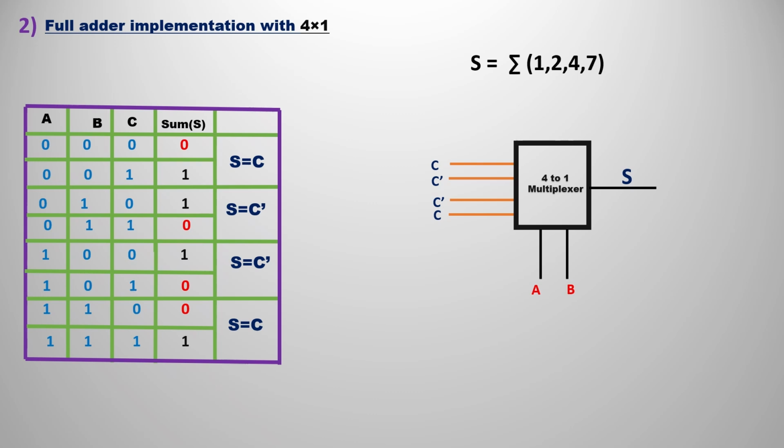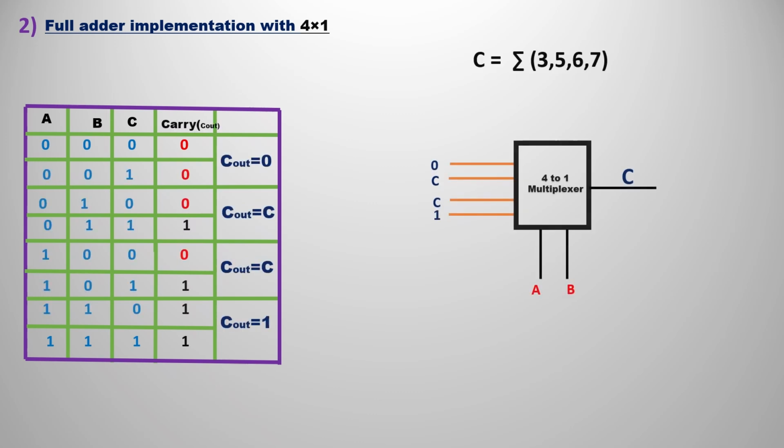So you can observe that the 4x1 multiplexer is implemented as a full adder. In the same way, we are also going to find the carry for that full adder with the help of a 4x1 multiplexer. We already know the same procedure, so just compare C and C out. If you observe the first one, there is no relation between C and carry out, and C out is 0 in both cases. So the first input, I0, would definitely be 0.